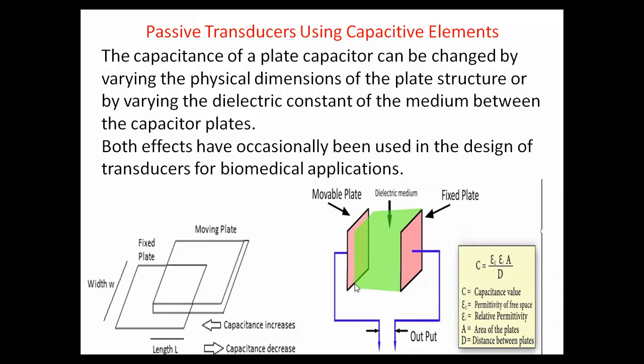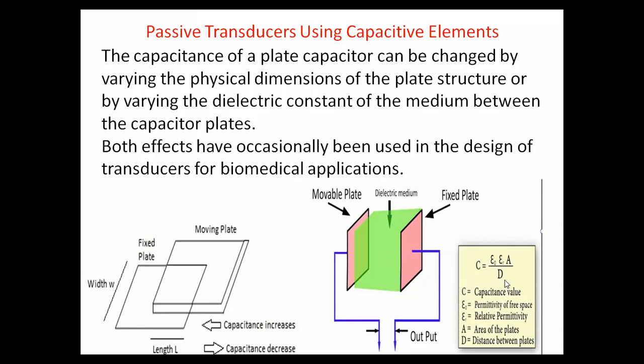And if you consider the capacitor equation, the capacitance of a capacitor, C is equal to epsilon A by D. Here epsilon is epsilon naught into epsilon R, where epsilon is the absolute permittivity, epsilon naught is the permittivity of free space, and epsilon R is the relative permittivity.